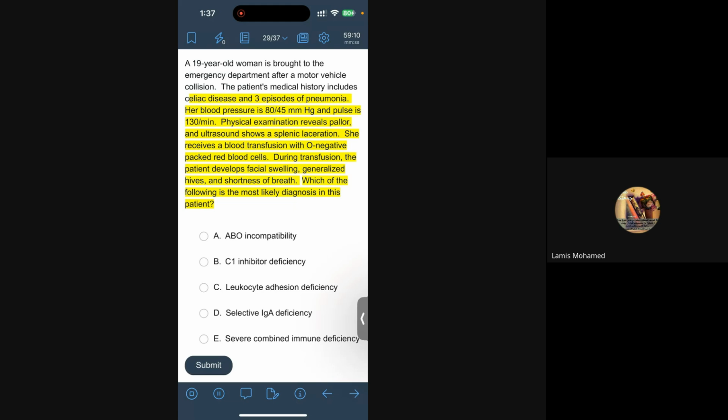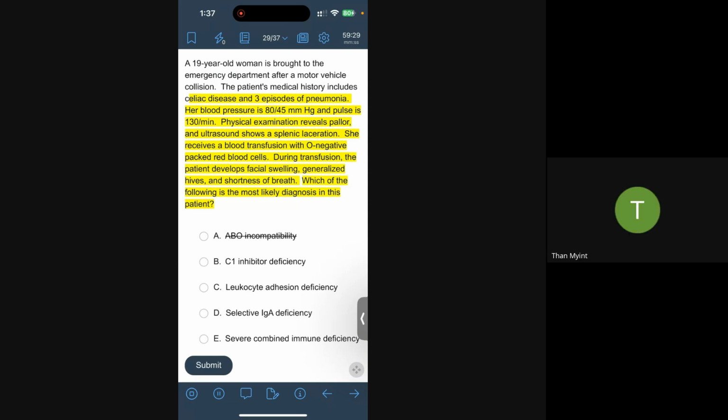Do you think option A is the answer? No. Option A is not the answer, because how are you going to explain that the patient has 3 episodes of pneumonia and celiac disease and everything? Okay, so A is not the cause here.